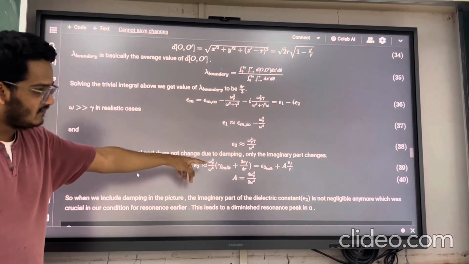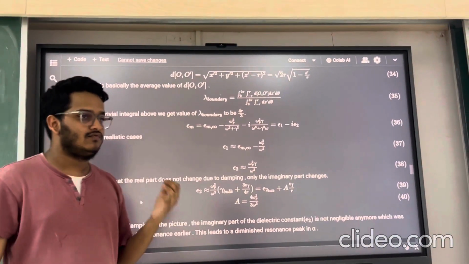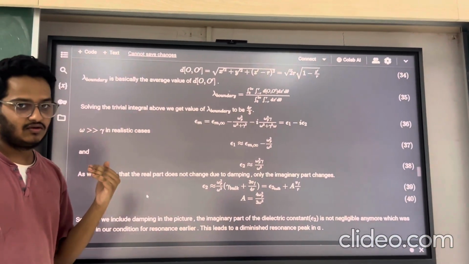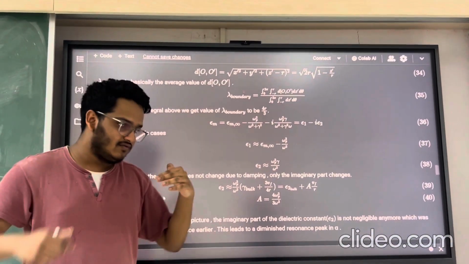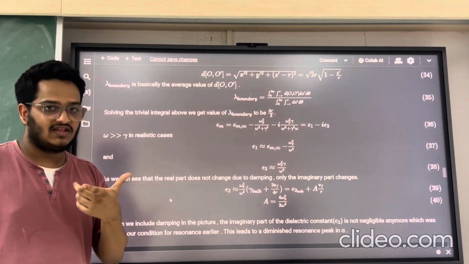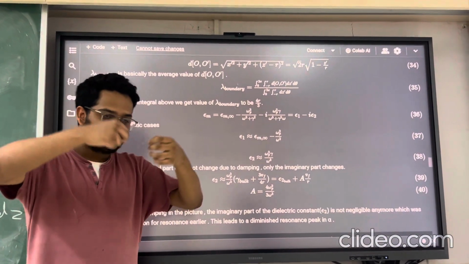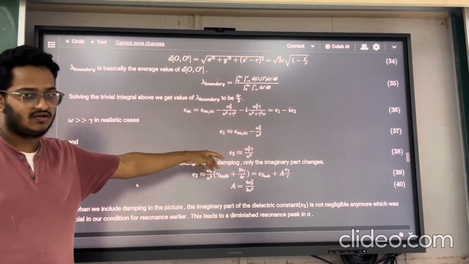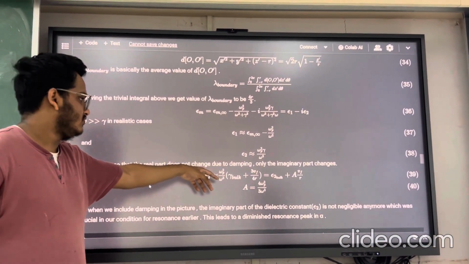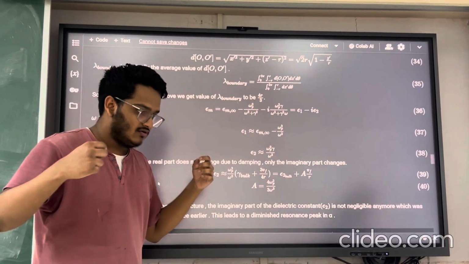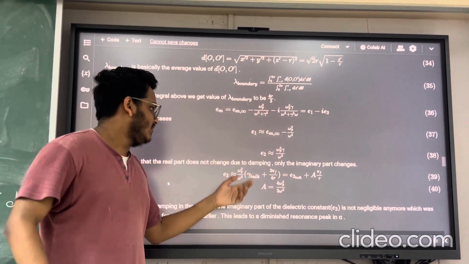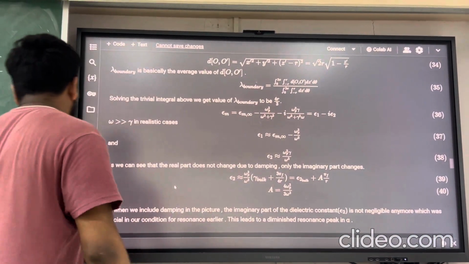So due to this effect, smaller nanoparticles will have a diminished peak at resonance, and they will have a wider full width half maxima. So they will be more spread out, as the imaginary part is also responsible for the full width half maxima of the resonance peak.